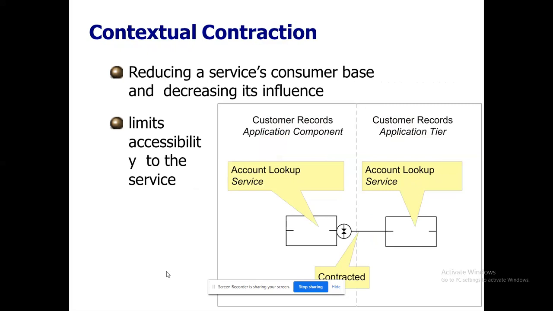So account lookup service, for example. I have linked my account with a digital wallet. The ultimate thing is that I will check my balance, right? I have a large number of services available nowadays to check my account balance.